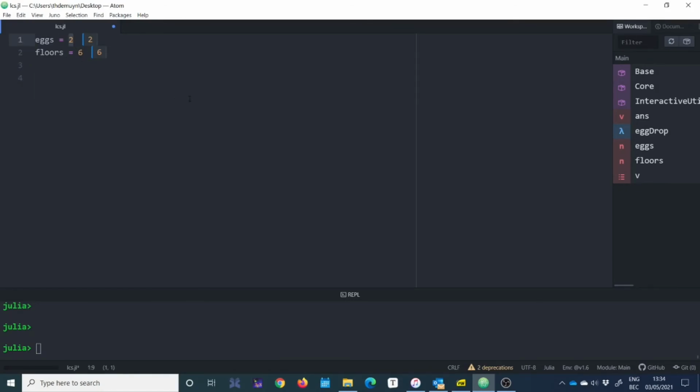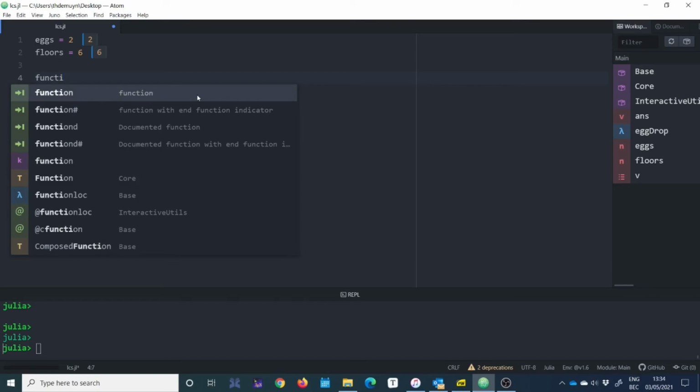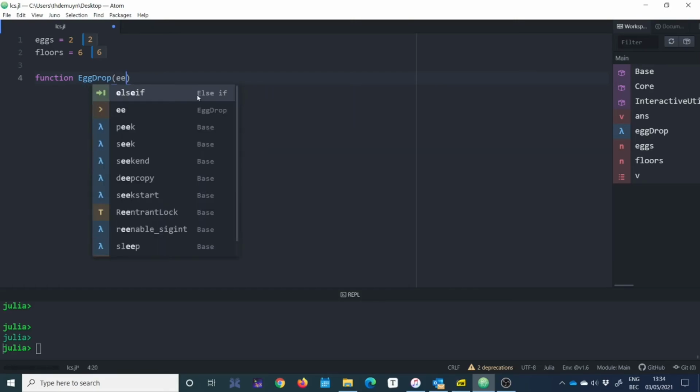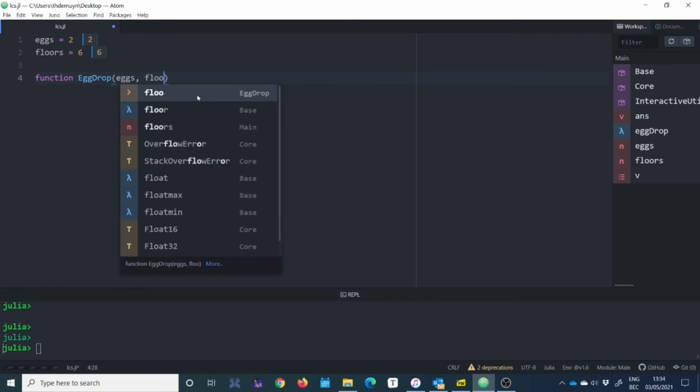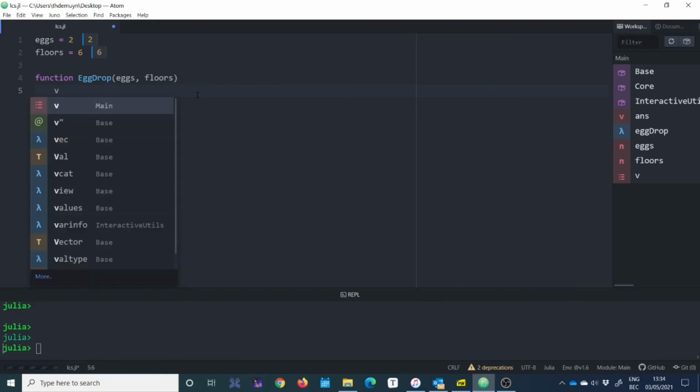Okay, so let's see how this works when you try to program it. Right, so I have a number of eggs and a number of floors. Alright, so let's try to write a function egg drop, okay, given some eggs and given some floors. Okay, I'm going to introduce a value function.